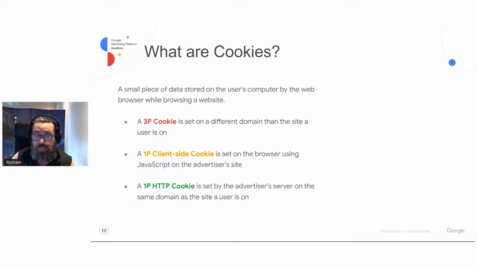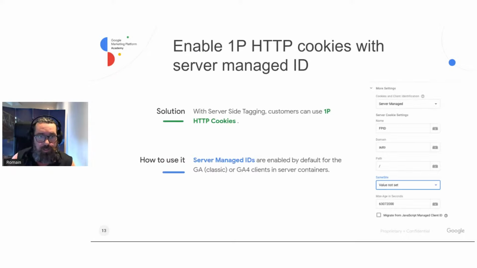So how can we enable that? It's actually a very simple configuration in the different clients that are available in the server side tag manager. The idea is that we use those HTTP cookies, and the server managed IDs are enabled by default for GA Classic, so Universal Analytics, and for GA4.